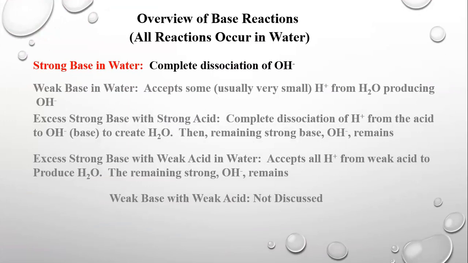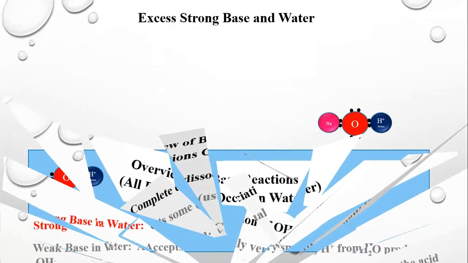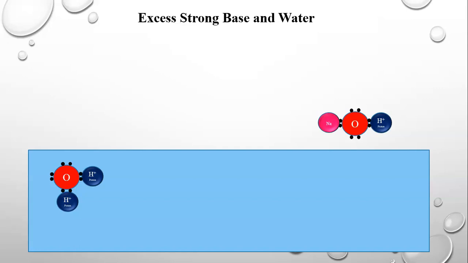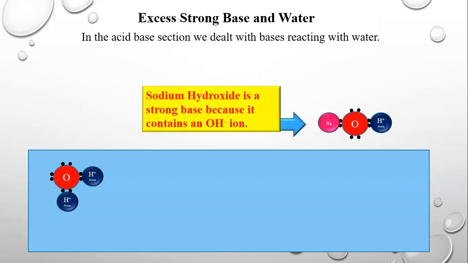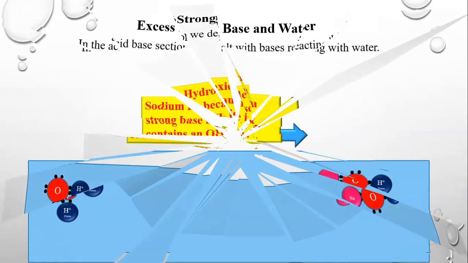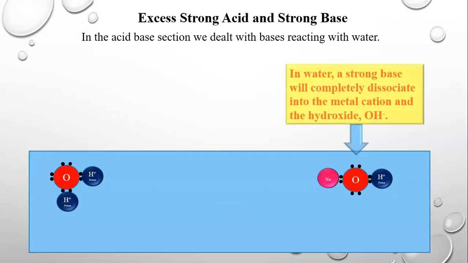So let's start with strong base in water. Complete dissociation. So there you have a water molecule, and on the right up above you have sodium hydroxide, a strong base. In the acid base section, we dealt with bases reacting with water. There's sodium hydroxide. It's a strong base because it contains an OH- ion with it. It goes into the water. In water, a strong base will completely dissociate into the metal cation, that's the sodium, and the hydroxide ion.